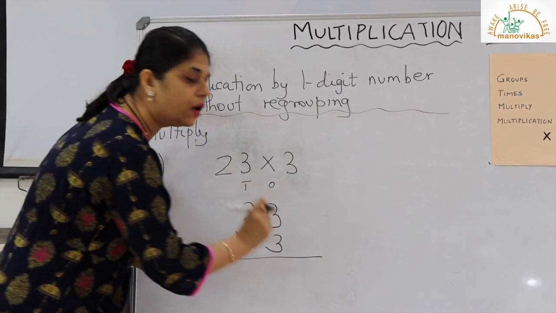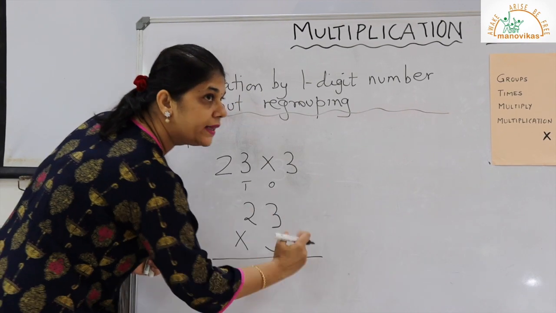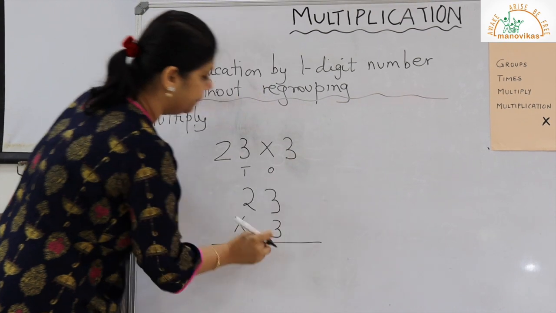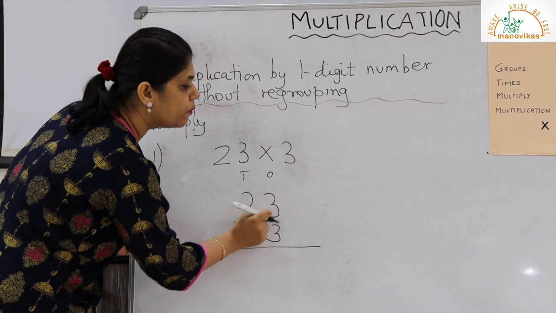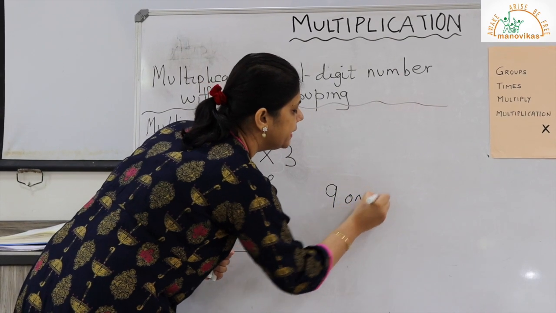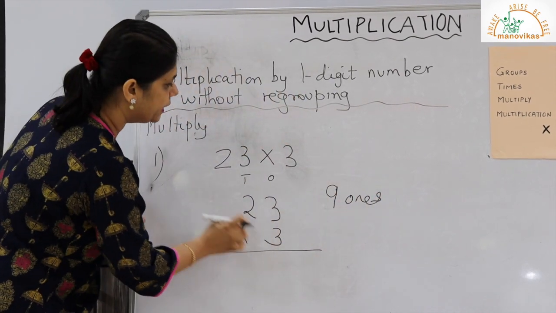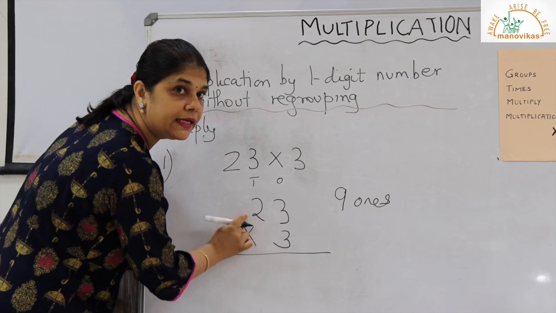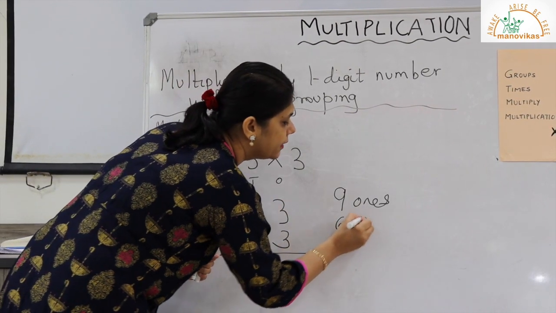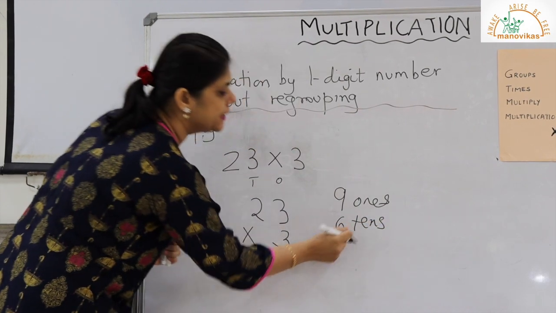So let's do it now. We will start with the ones place. Always start with the ones place. Okay. Now 3 3's is how much? 9. So you get 9 in the ones place, right? Now 3 2's is how much? 3 2's is 6. So 6 is in the tens place, right? 6 tens.